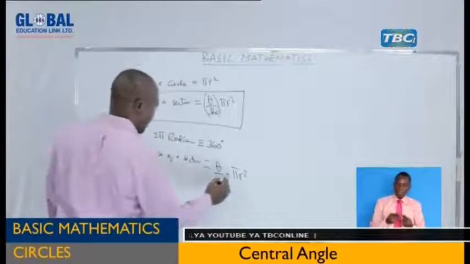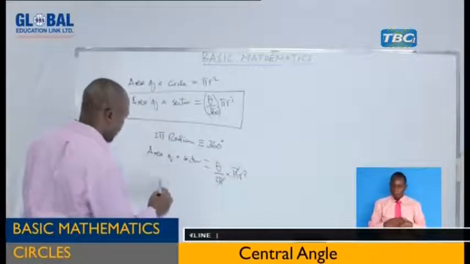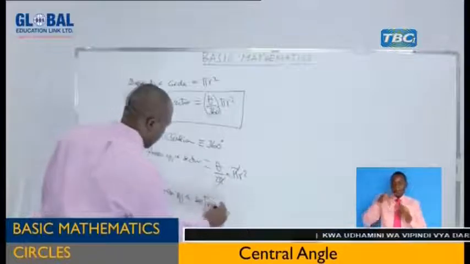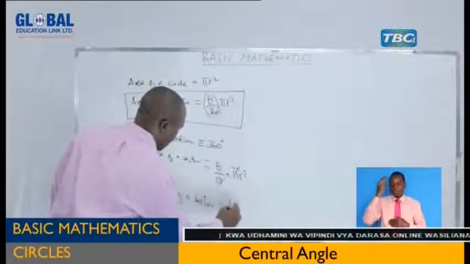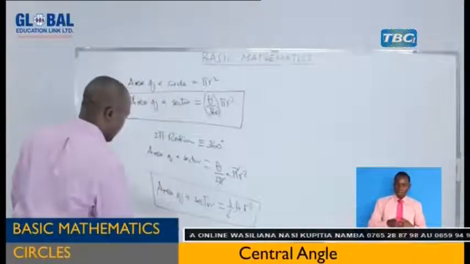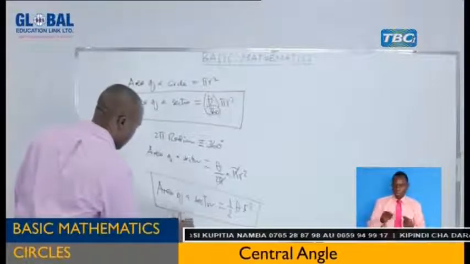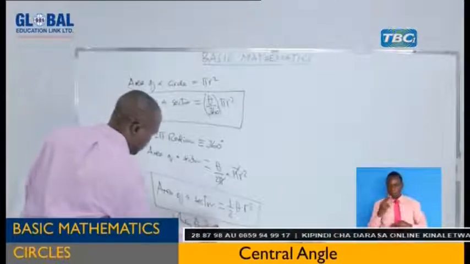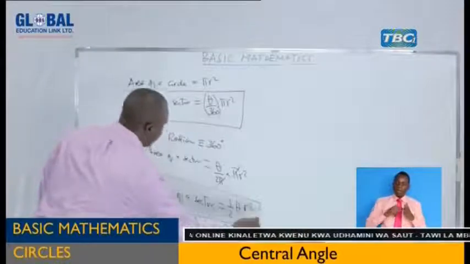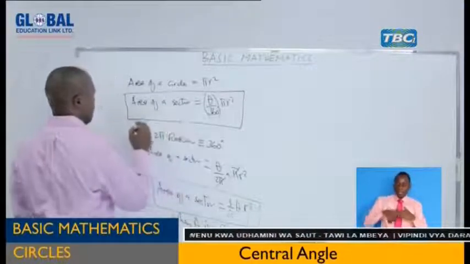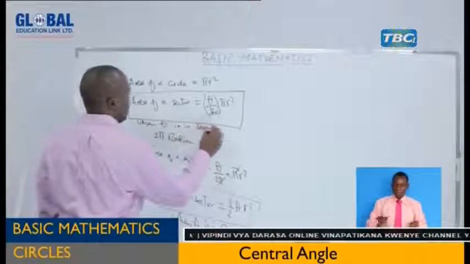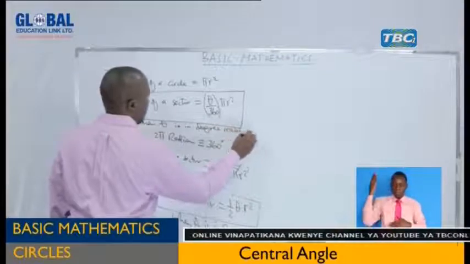On simplifying, we have the area of a sector equal to 1 over 2 theta times r squared. So this one is in terms of radians, when theta is in radian measure. And of course the previous one is when theta is in degree measure.